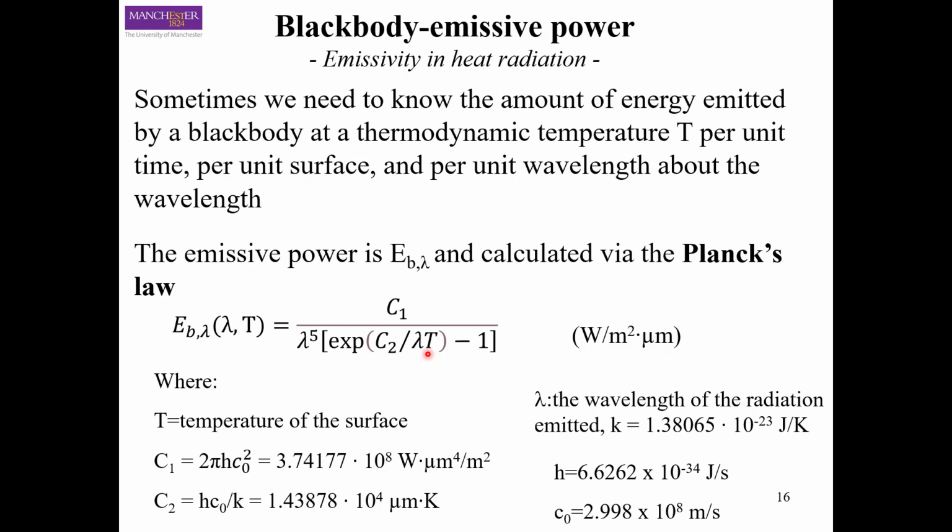This Eb is different from the Eb in the Stefan-Boltzmann law, in the sense that this is based on a particular wavelength, while in the Stefan-Boltzmann law the emissive power is irrespective of the wavelength. In terms of units, you have watt per meter square, that is the energy flux, times the micrometer, and this micrometer comes from the wavelength of the light.